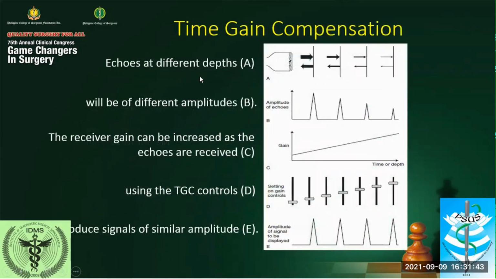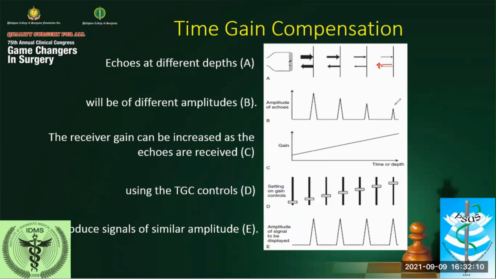Now what happens? As the sound travels further away from the transducer, it loses power due to attenuation. Consequently, areas in the deeper regions will have weaker echoes.